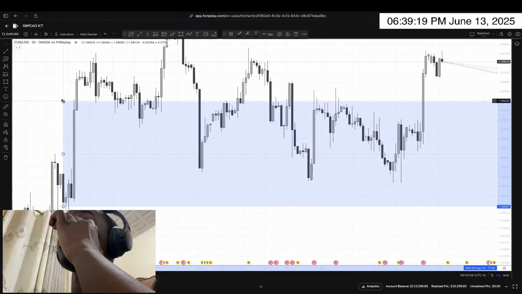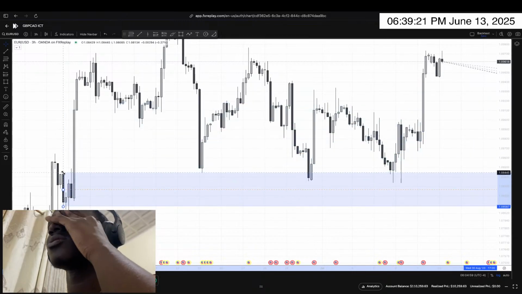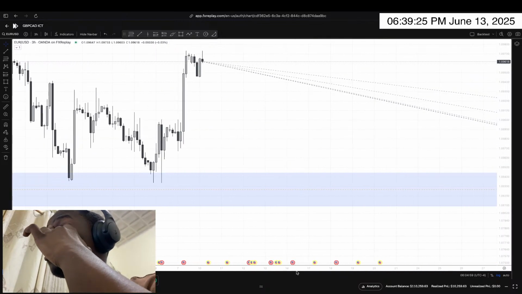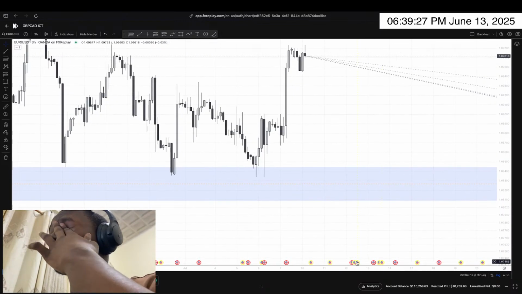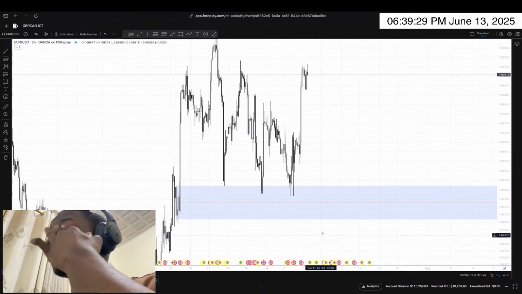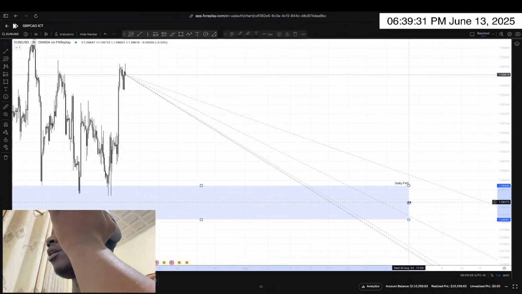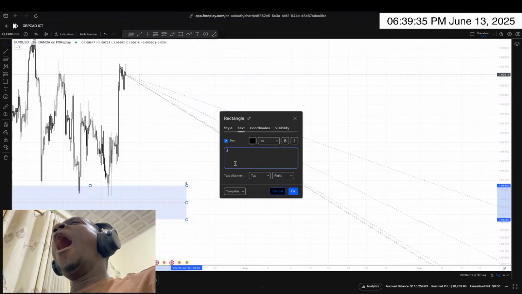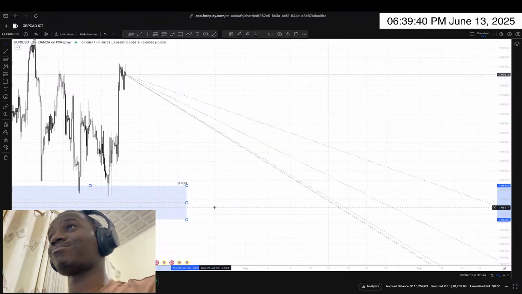So on the 3 hour, you can see from this perspective that we have this order block. So it's a 3 hour order block.